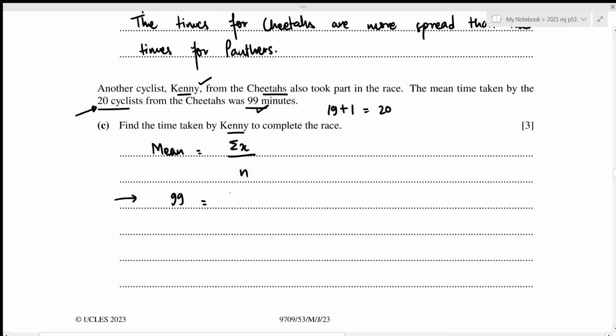So we have 1862 plus we also need to add the time taken by Kenny. And we're trying to figure that out.